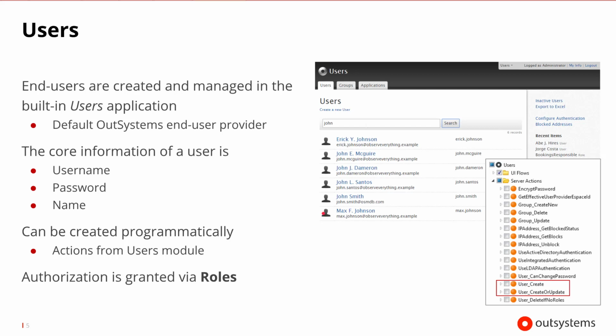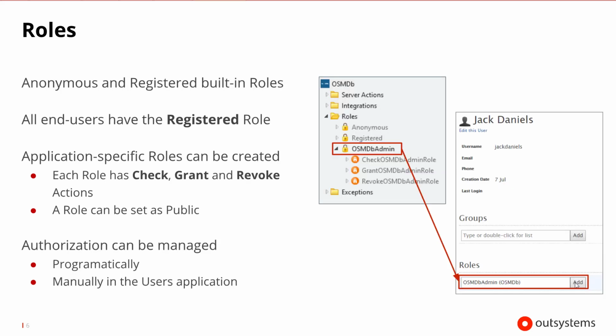Now, once a user is created, we want to handle the authorization as well. So we want to know which roles can that user be granted, or which roles will we grant a particular user, so we know exactly what they can do. So to be able to do that authorization, we need to define the roles first. So by default, OutSystems has two roles built in, one called anonymous and one called registered.